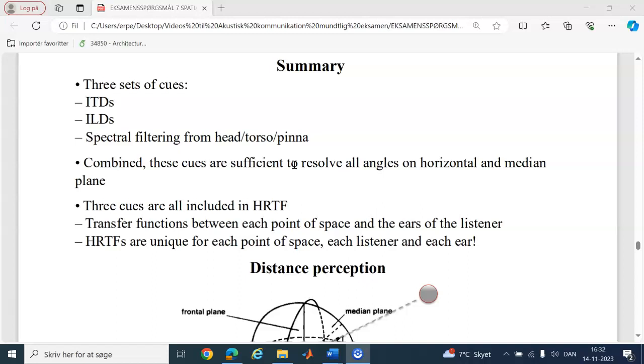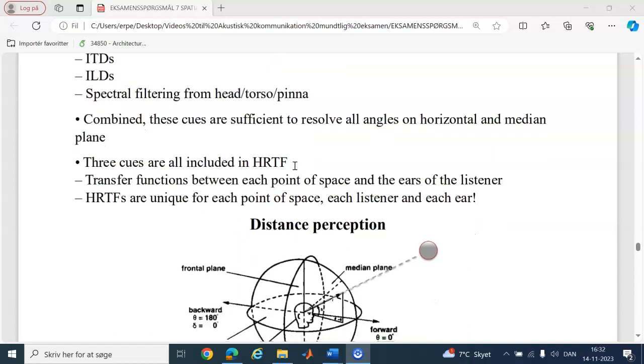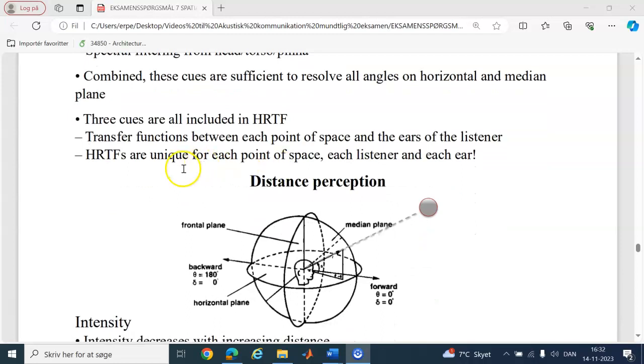Combined, these cues are sufficient to resolve all angles in the horizontal and median plane. The three cues are all included in the HRTF: transfer functions between each point of space and the ears of the listener. HRTFs are unique for each point of space, each listener, and each ear.